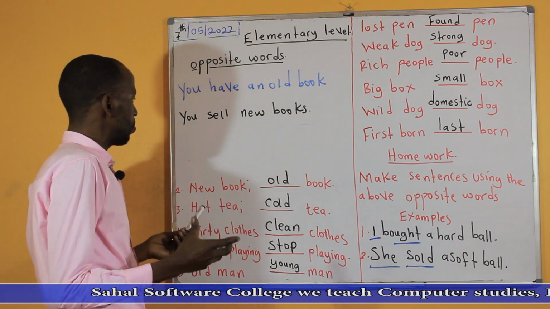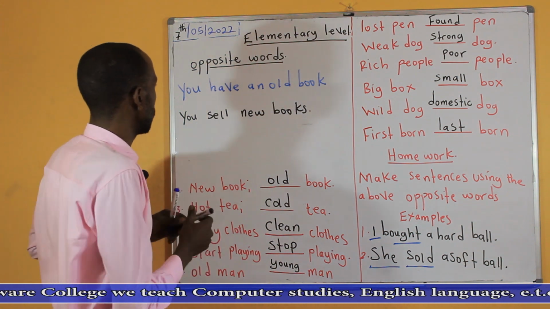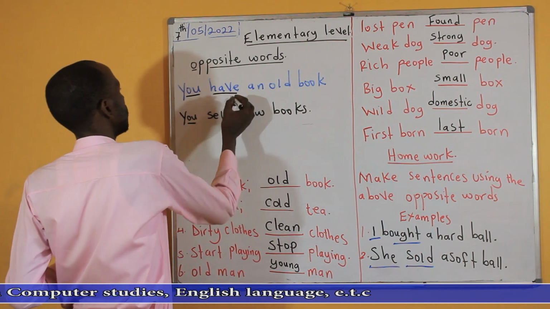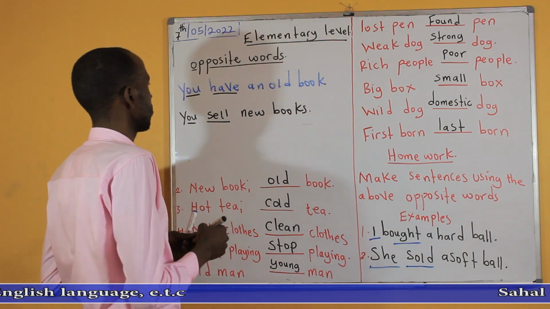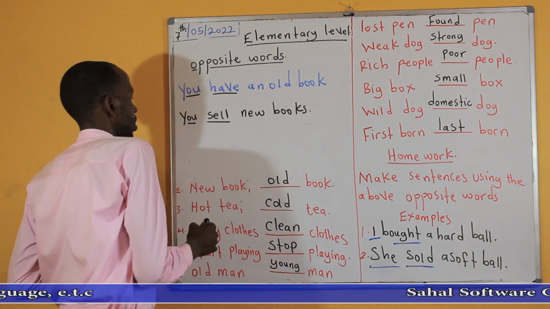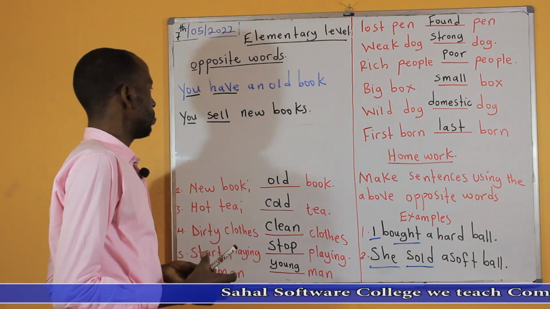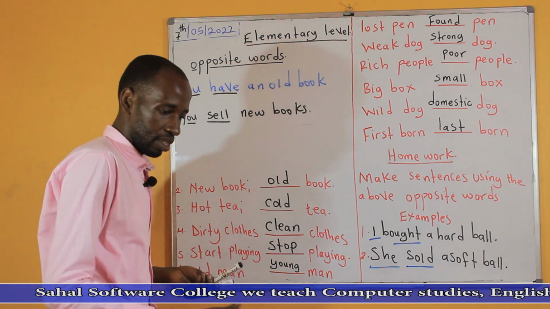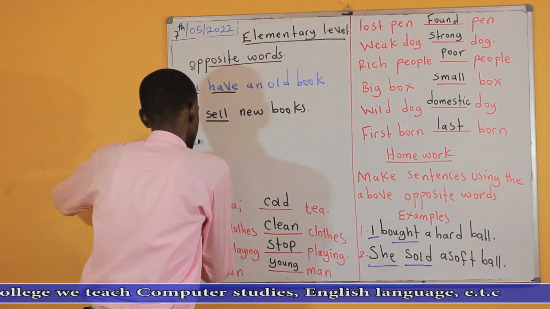You have an old book, you sell new books. So now I am introducing, this is subject, this is subject, this is verb, this is another verb. Now I have finished number 2. You have an old book, you sell new books. That's very important. Let's go to number 3.